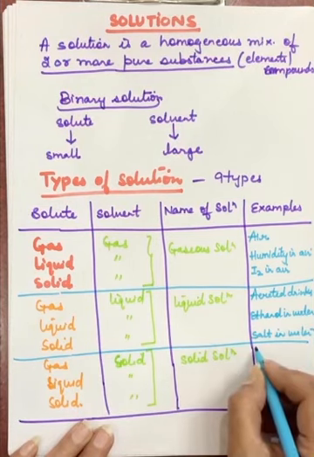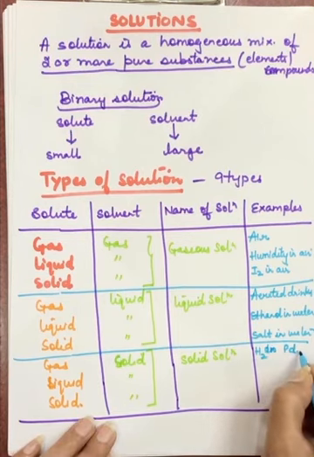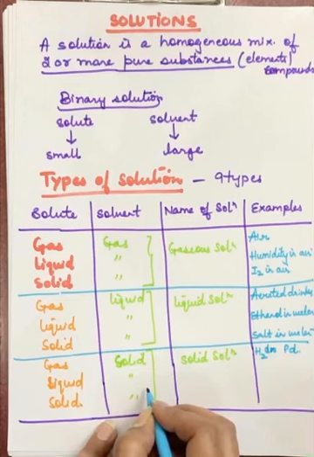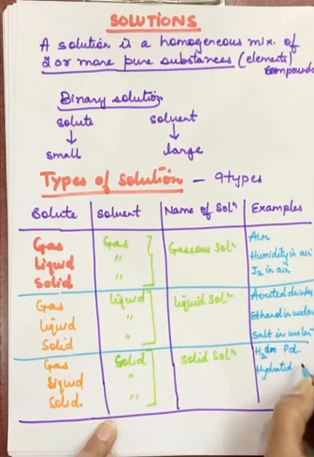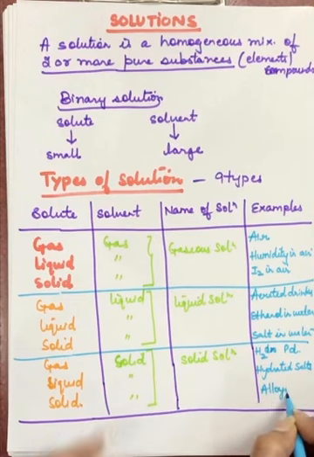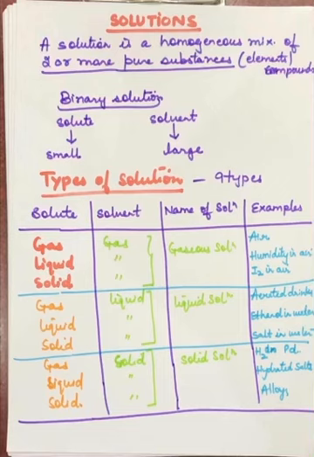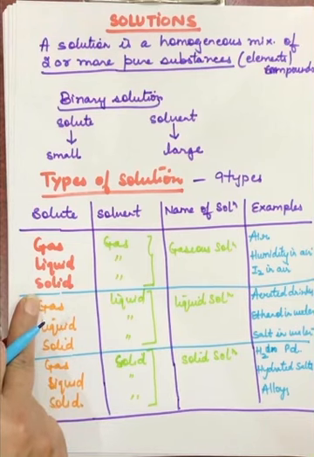Gas in solid: we have done adsorption, so hydrogen adsorbed on platinum surface. Liquid in solid: hydrated salts, the salts which have water of crystallization. Then solid in solid solutions: the example is alloys. All alloys come under which kind of solutions? Solid in solid solutions. So these are the 9 types of solutions based on the physical state of solute and solvent.